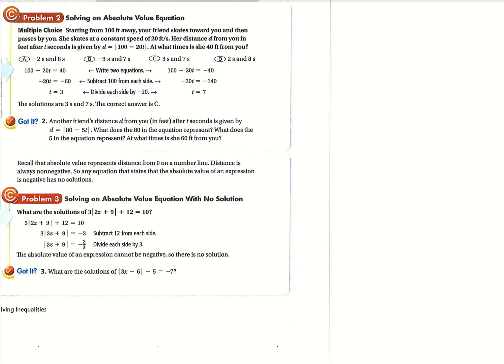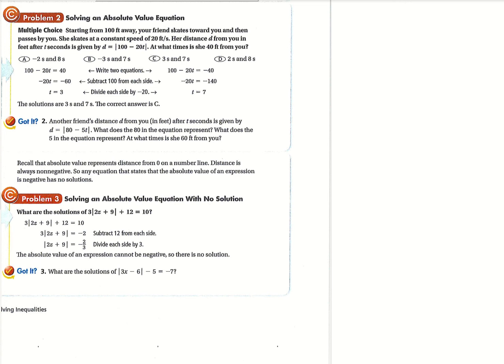Once you finish that problem, we'll move on to problem 2. We've got a word problem here. It says, starting from 100 feet away, your friend skates towards you and then passes by you. She skates at a constant speed of 20 feet per second. Her distance d from you in feet after t seconds is given by the equation d equals the absolute value of 100 minus 20t.